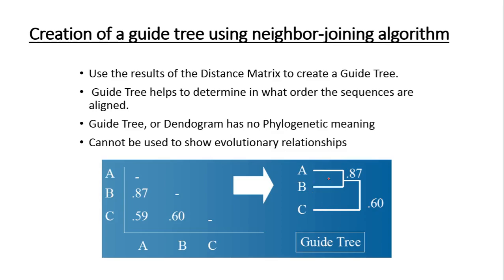In this way, this guide tree, or as some people refer to it, a dendrogram, has no phylogenetic meaning. It cannot be used to show the evolutionary relationship among these sequences as such. It is only used as a reference to decide the order of sequences to be followed while aligning them.